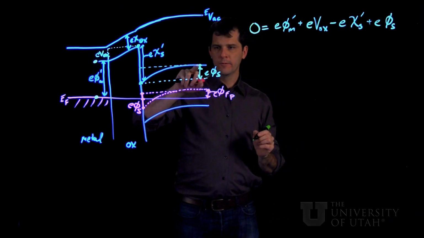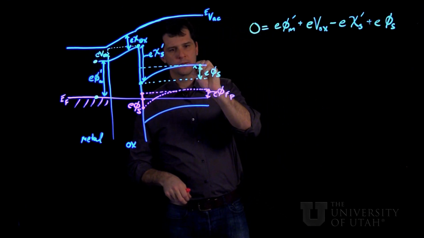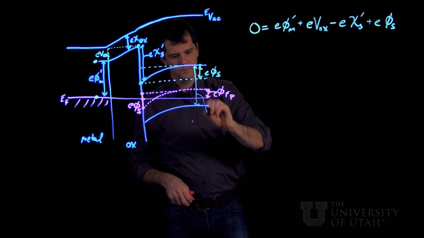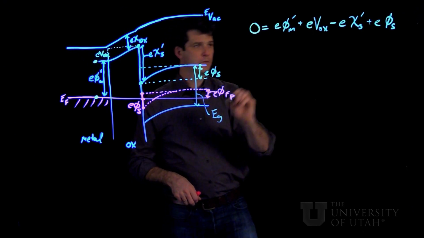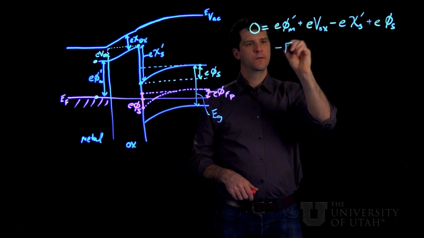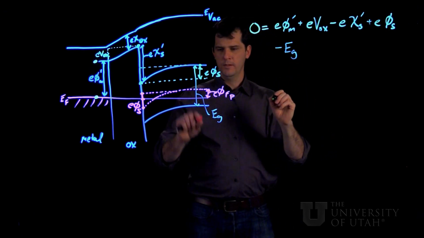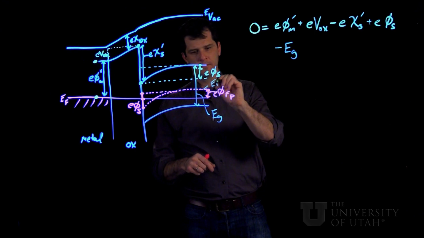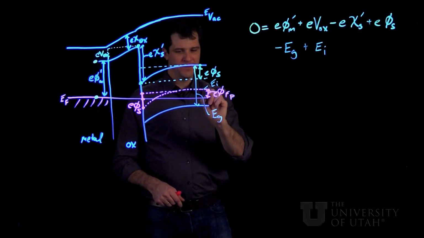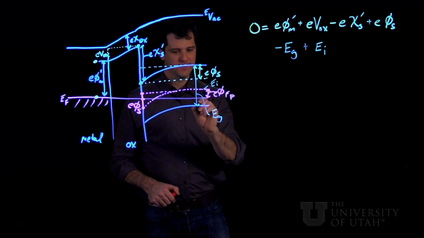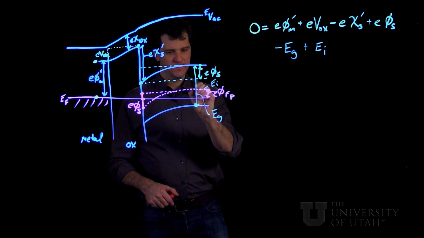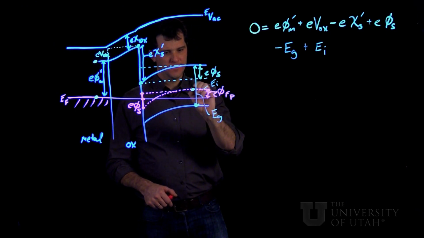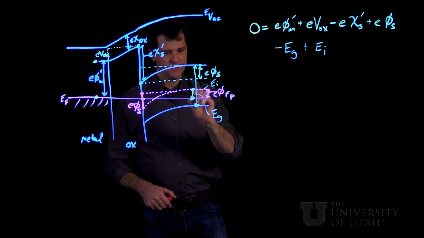And then we want to go down across the band gap. So minus E gap, and then up to the intrinsic level, down from the intrinsic level to the Fermi level, and that will mean we've actually completed the loop.